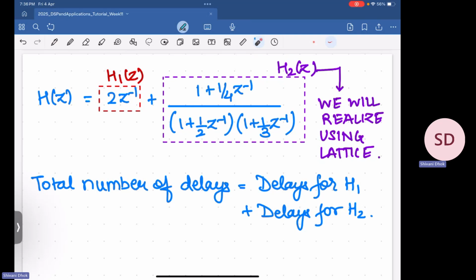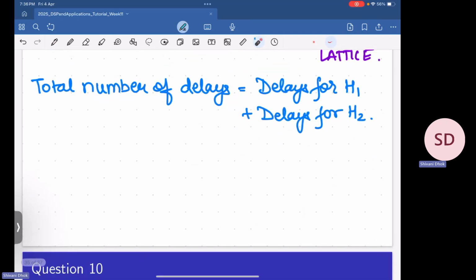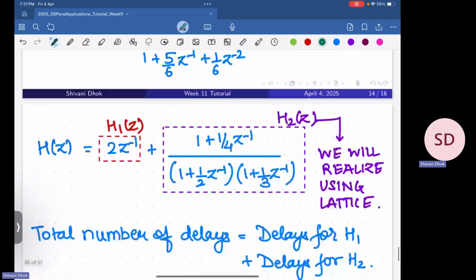It's a unit delay shift that it is giving to the input. So the number of delays for h1 is simply equal to 1.